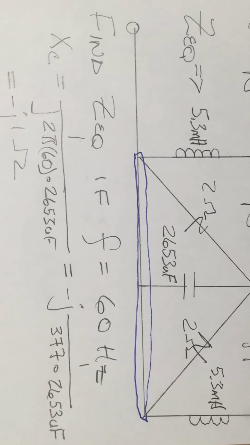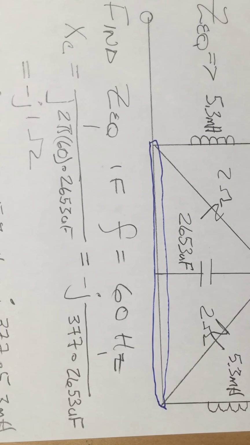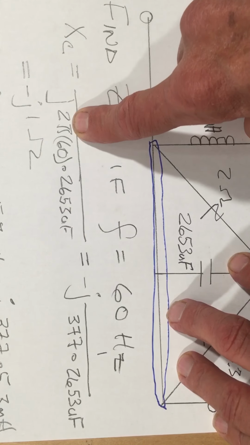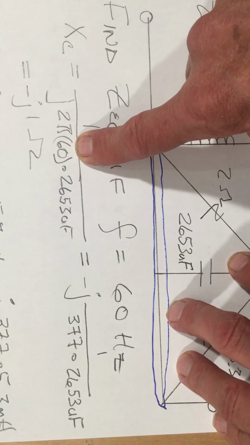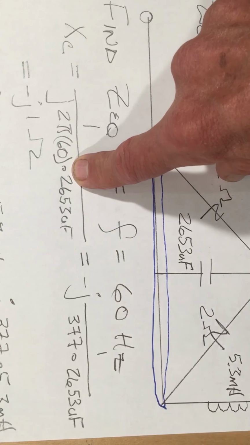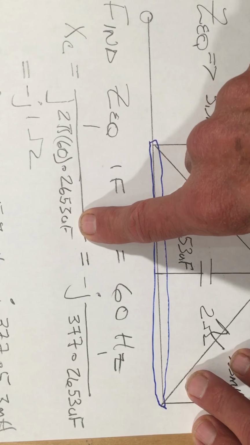So I've got to turn that XC value into ohms. So 1 divided by J times 2 times pi times the frequency, 2 pi F, or omega if you prefer, times the capacitor value, which is 2653 microfarads.